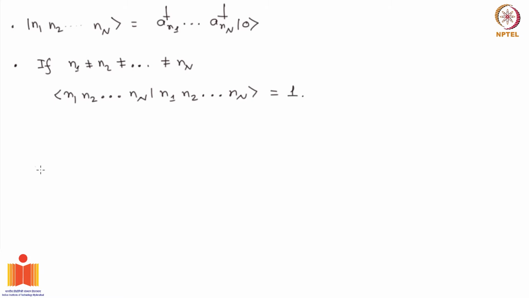I also gave you an exercise to find the normalization of these states. So if A_n1 dagger is repeated m1 times, and A_N dagger is repeated m_N times, then find the normalization.